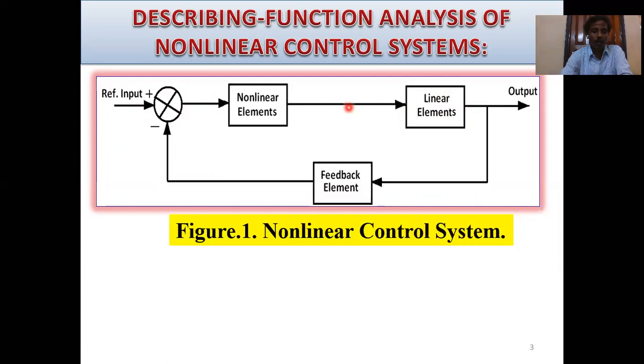The output of the nonlinear element may or may not be sinusoidal; generally, it may not be sinusoidal. A nonlinear system may also have subharmonics. And this is the feedback path. The feedback path may be positive or negative. In this section, this is the negative feedback.